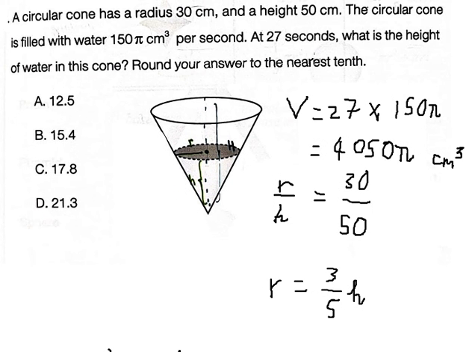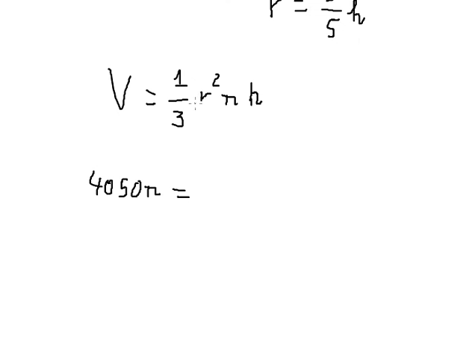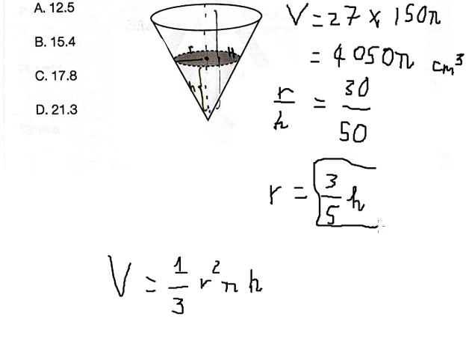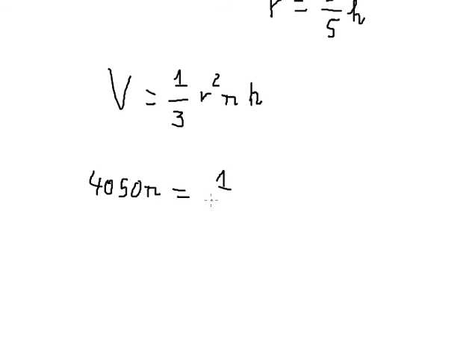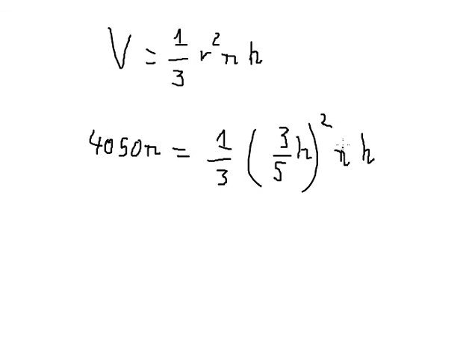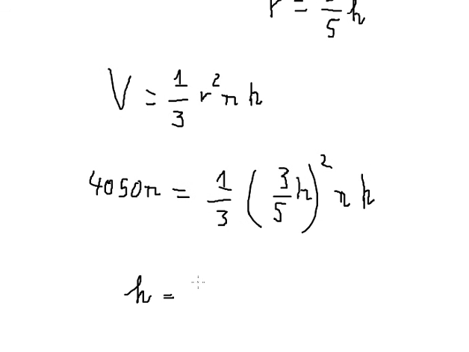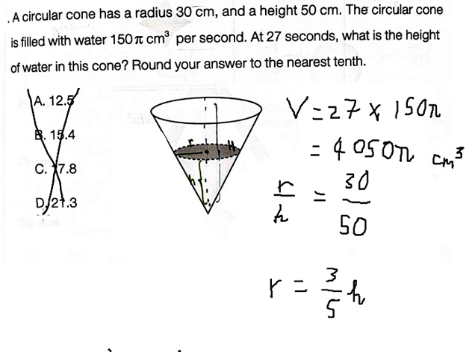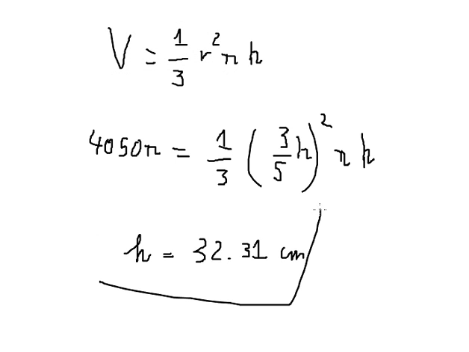The question wants to find the height, so we need to change R into 3 over 5 H. So now this one is simple to calculate for H, and we get H equals 32.31, and we can see that there is no correct answer in here, and this is the answer for the question.